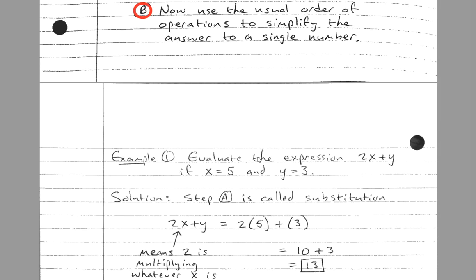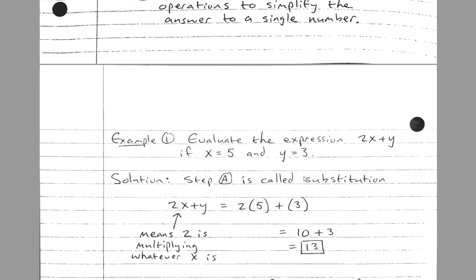Example 1, evaluate the expression 2x plus y if x is 5 and y is 3. So this is our algebraic expression.